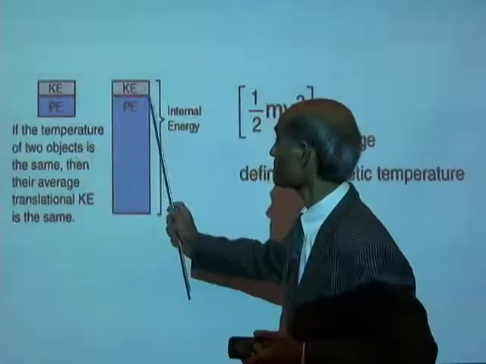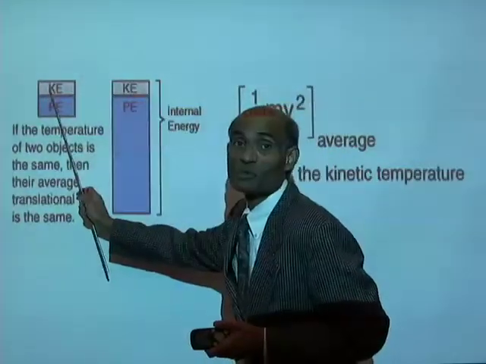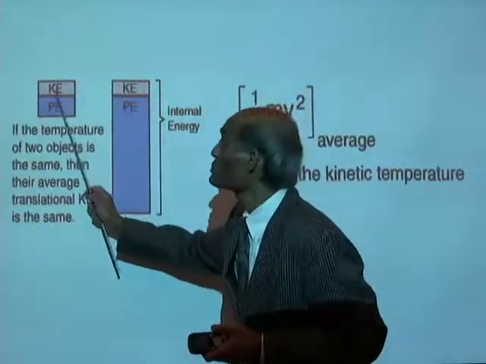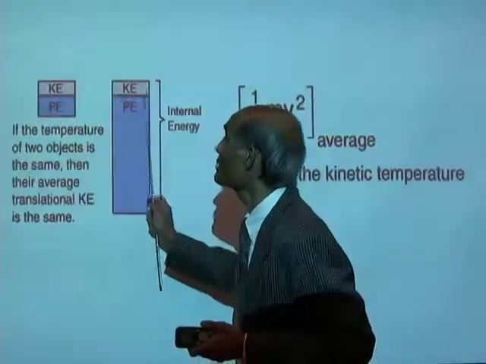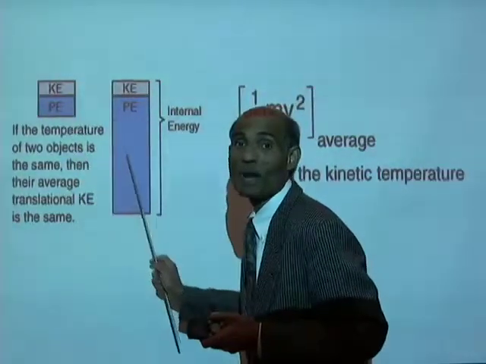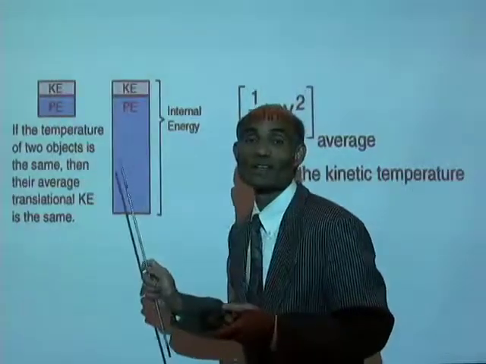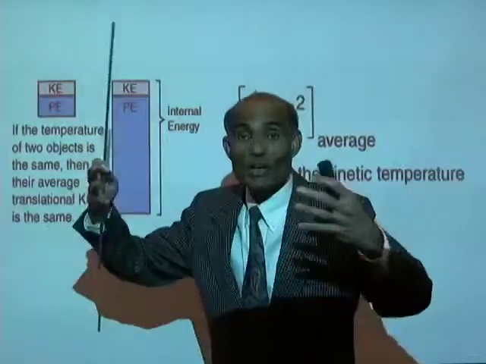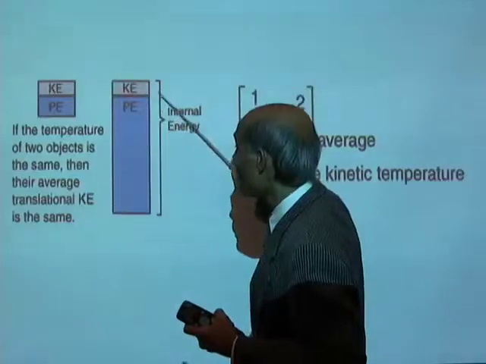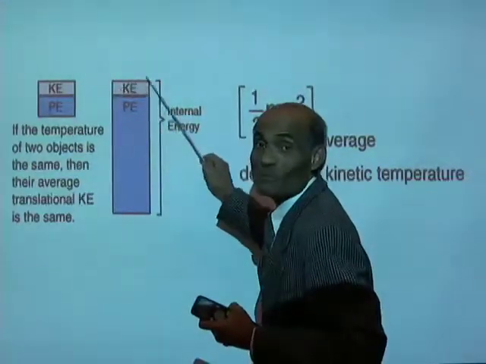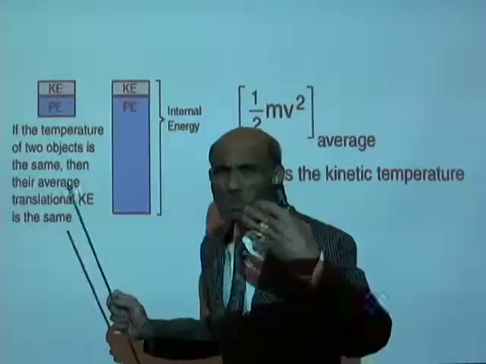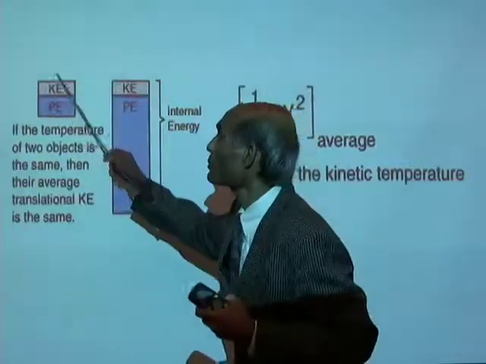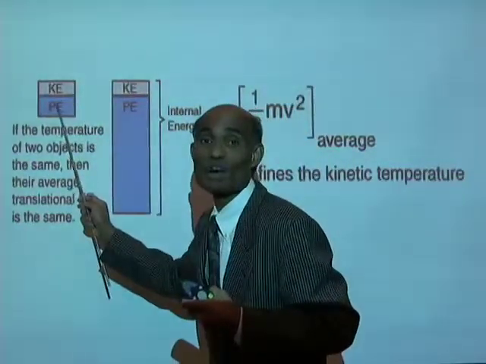Now look at this. I have two substances that have the same average kinetic energy but different amounts of potential energy. That means the total internal energy of the second object is much, much greater than the total internal energy of the first object.